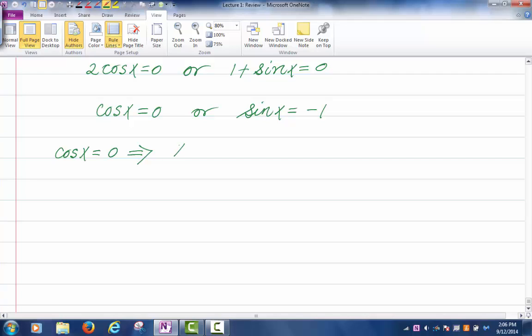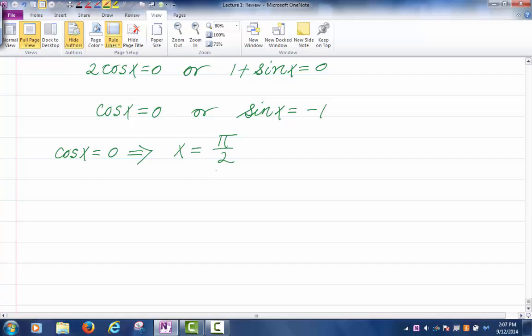When the angle is pi over 2, the terminal side, remember the unit circle, will be on the positive y-axis. And what's the intersection of the unit circle with the positive y-axis? The point 0, 1, and the first coordinate is 0, so cosine of 90 is 0.